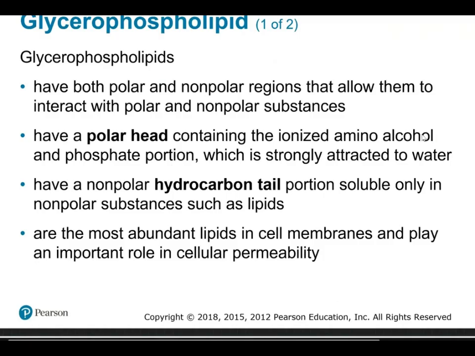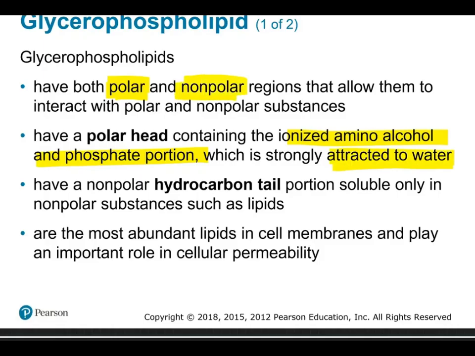So this is what we just said. The polar part is an amino alcohol and a phosphate. So this polar part very easily interacts with water.